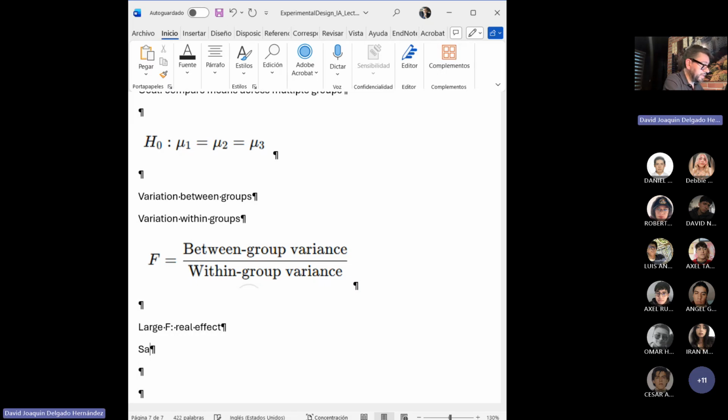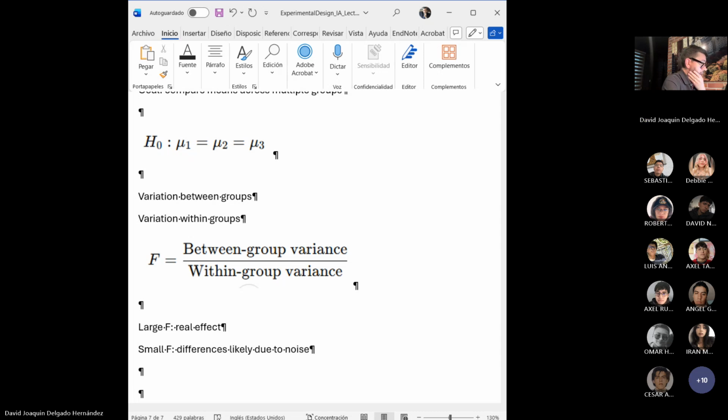If you have a small value of F, that means that the differences are likely to be due to noise. Okay. Perfect. So that is the concept of the ANOVA.